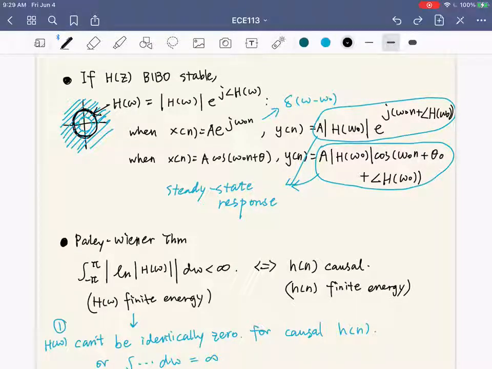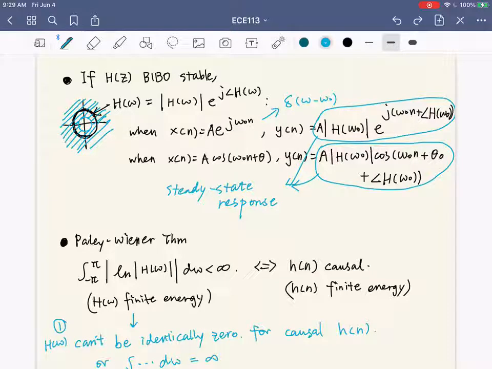Because when the input is sine, cosine, or an exponential term, the output has a very obvious pattern: your magnitude response is directly multiplied to the original input, and your phase response is directly added to your original phase.